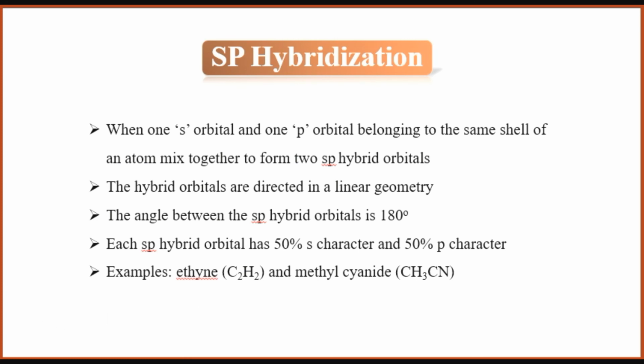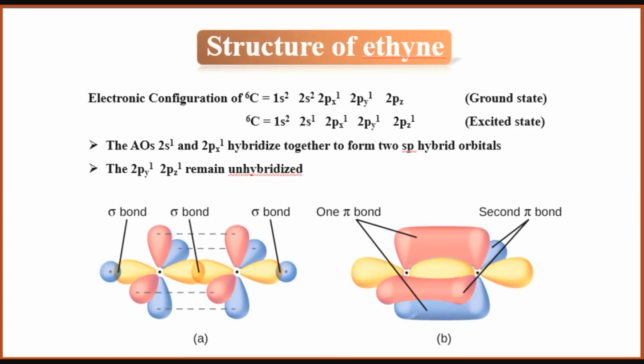So the structure of ethyne compound has been discussed over here. As according to the electronic configuration of carbon at its excited state, this would follow the 1s2, 2s1, 2px1, 2py1 and 2pz1.